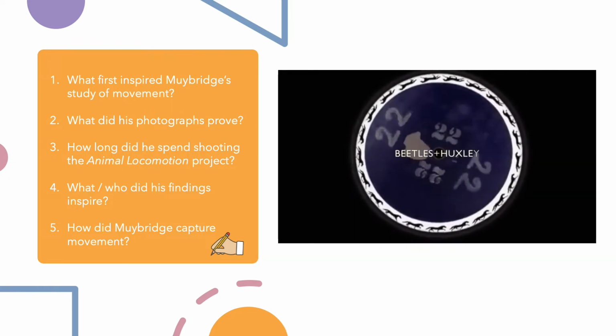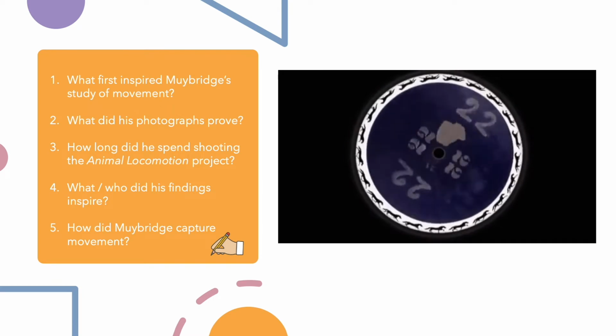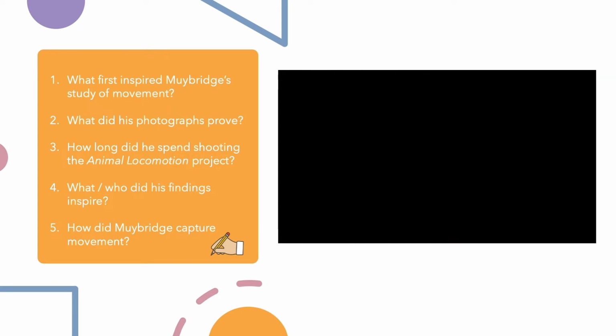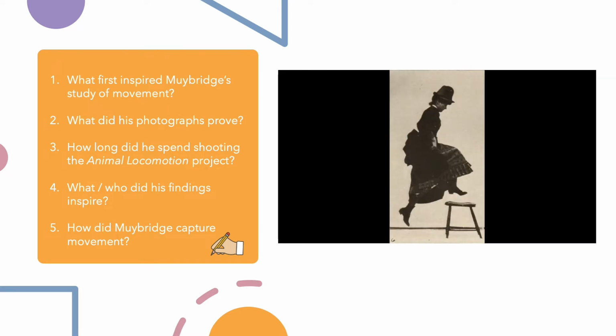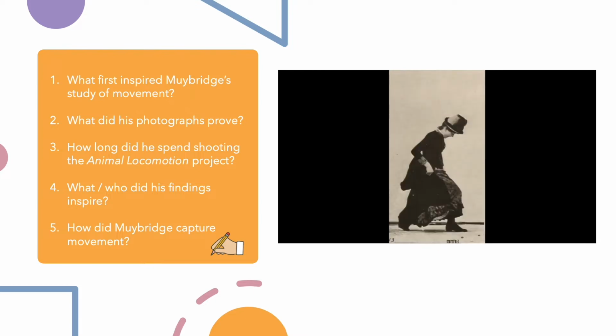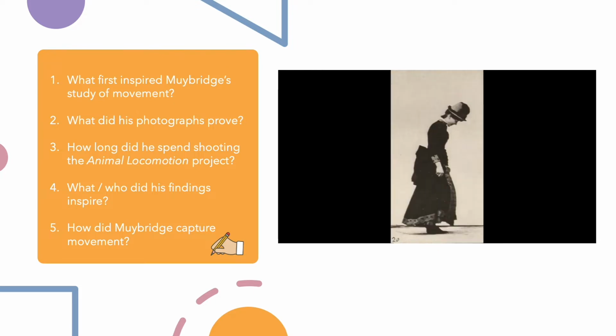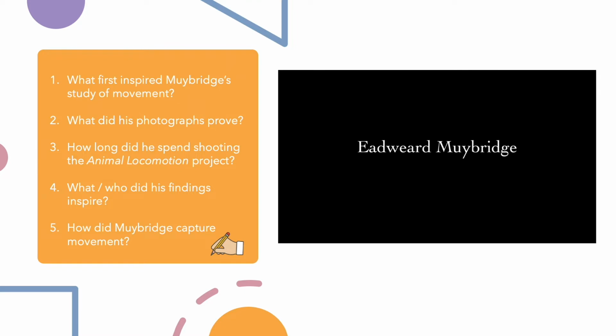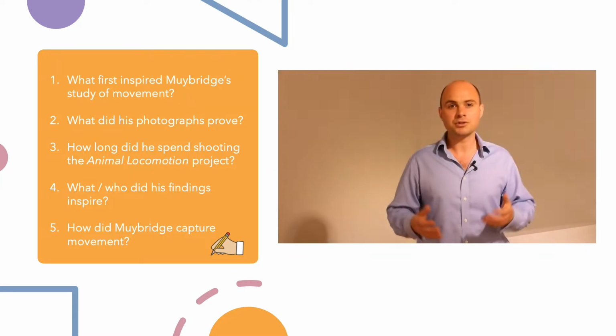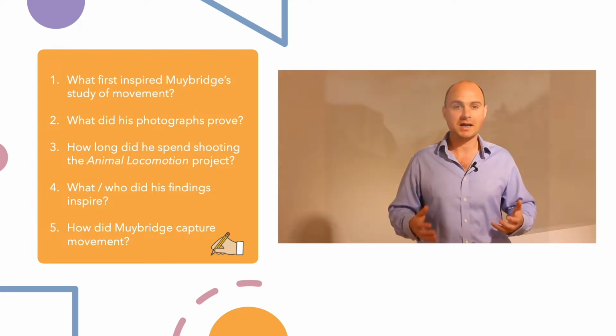Edward Muybridge was one of the great photographic thinkers and technical pioneers of all time, whose mind reached beyond still photography and anticipated the rise of cinema. Muybridge emigrated to the United States as a young man.